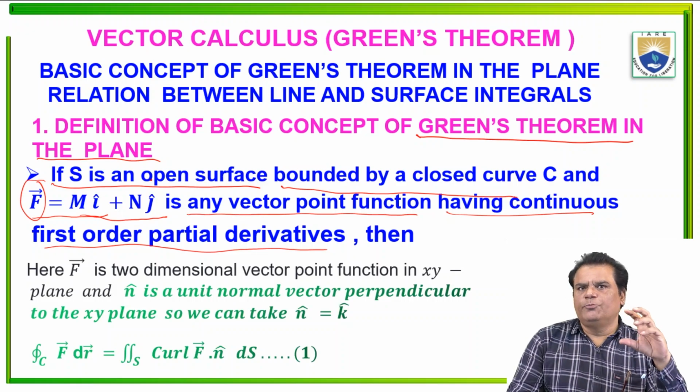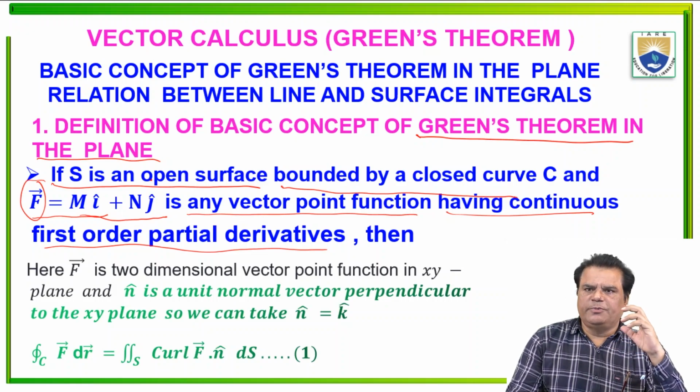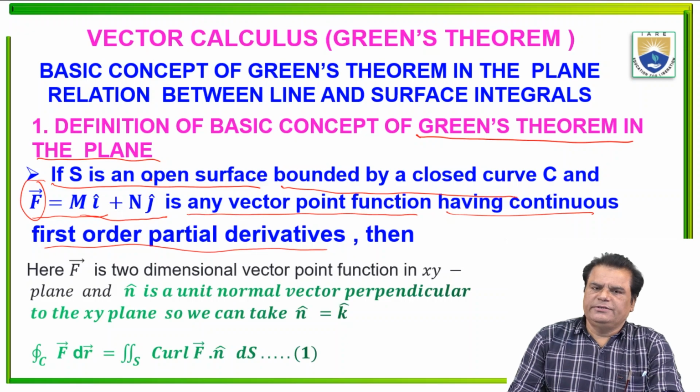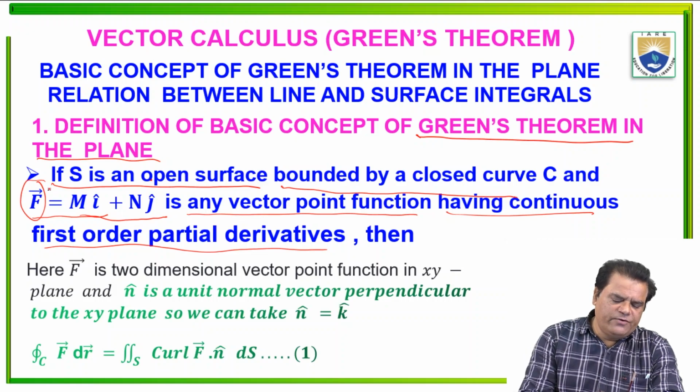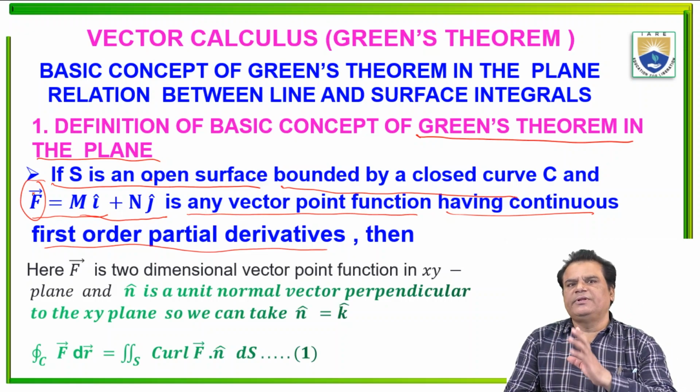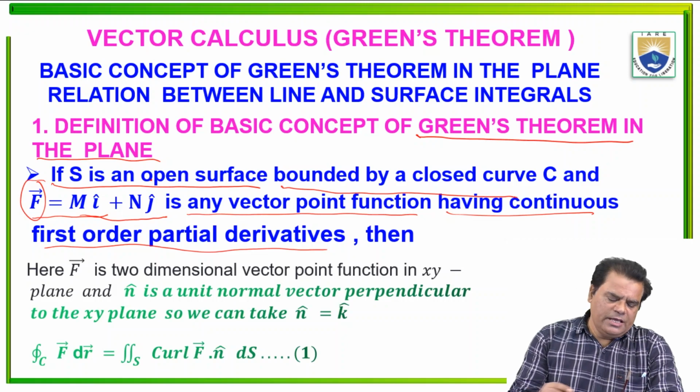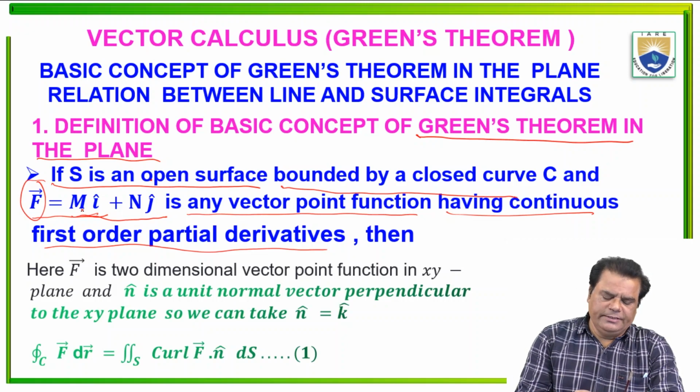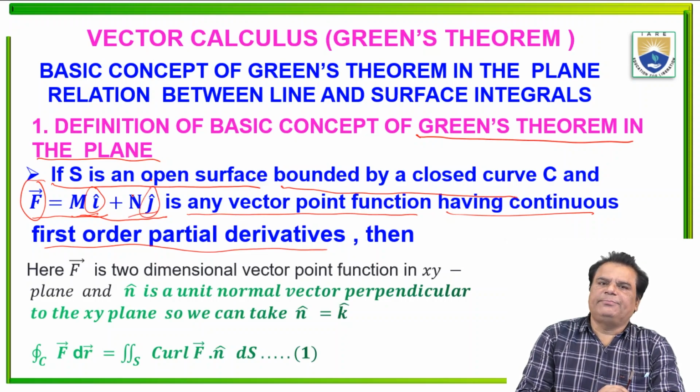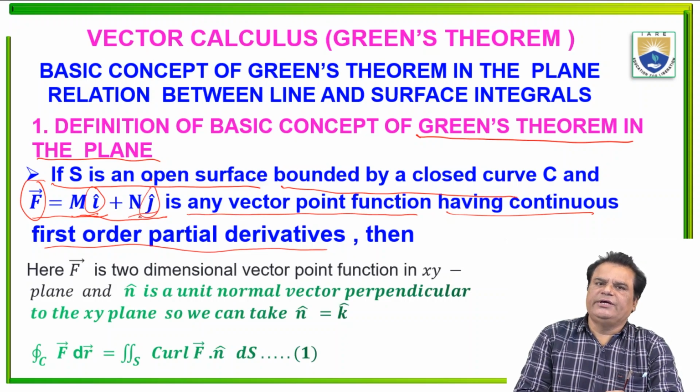If S is any open surface which is bounded by closed curve C and a vector point function F is represented by force, F equal to Mi plus Nj, where i is i cap and j is j cap.